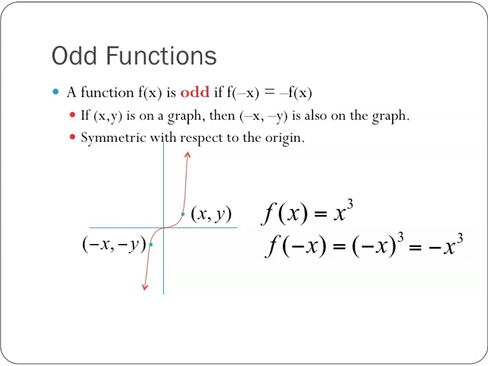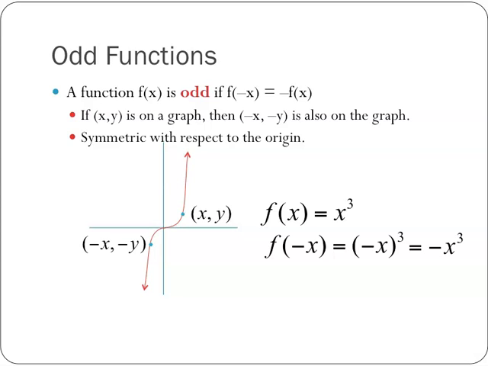Is it possible for us to have symmetry with respect to the x-axis? What does symmetry with respect to the x-axis look like? It means that for some value, you have one value above the x-axis and one value below the x-axis. You would have 2 points, but they would have the same x value.